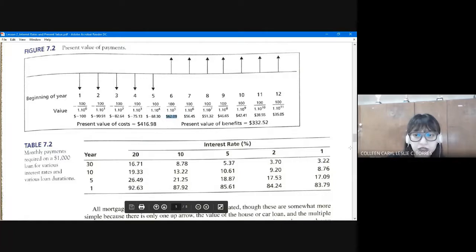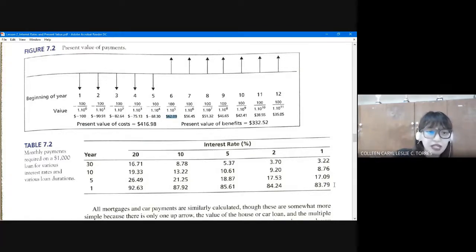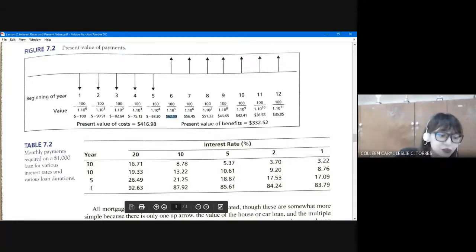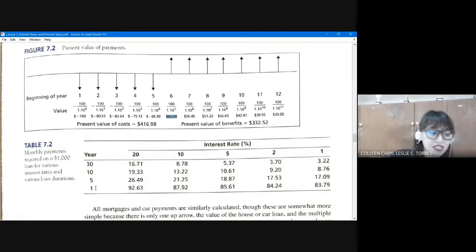$83. So it's just about dividing. Let's say you're loaning money and that's 50,000 pesos. If you divide that by 1 year, that's 12 months, you would have to pay 4,166 pesos. But the interest rate was not included there yet.